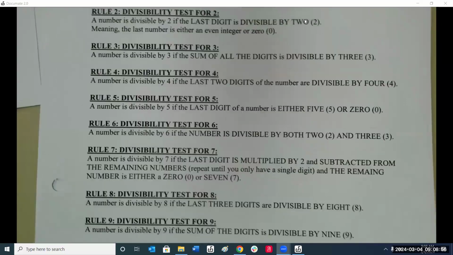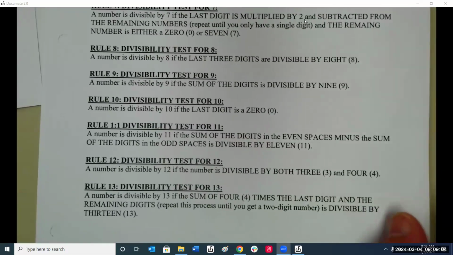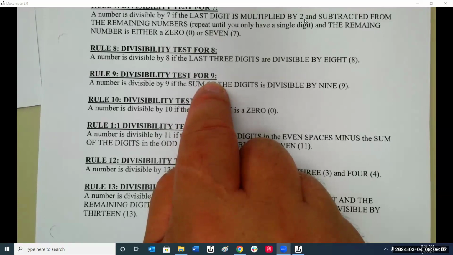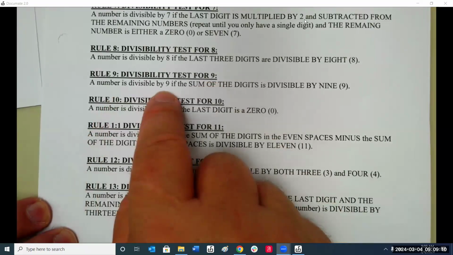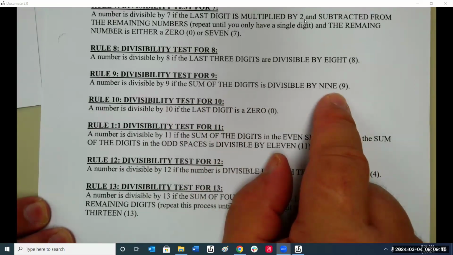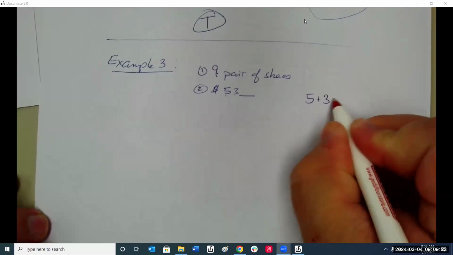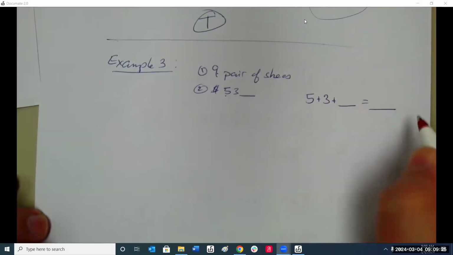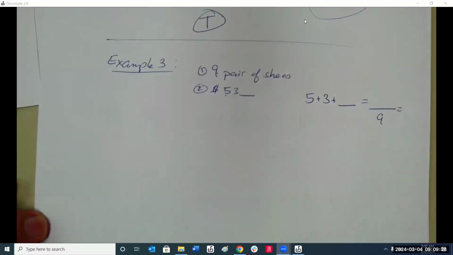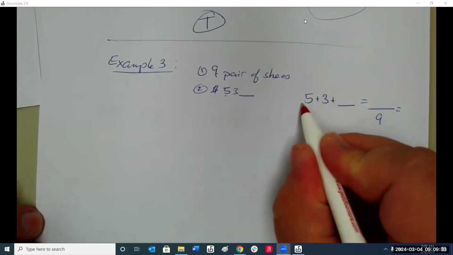Look at the sheet. The divisibility rule for 9. How do you know a number is divisible by 9? A number is divisible by 9 if the sum of the digits is divisible by 9. So 5 plus 3 plus what number gives me an answer that I can evenly divide by 9? 5 plus 3 is 8.